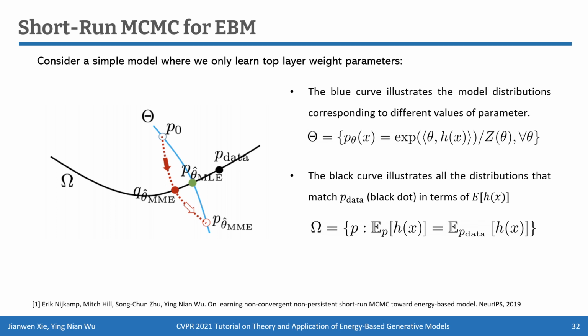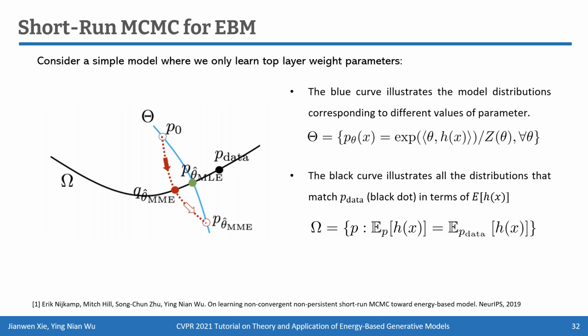The black curve illustrates all the distributions that match the data distribution in terms of the expectation of h(x). The h(x) is a feature vector of x. The ideal MLE solution, which is the green dot, is the intersection between the blue curve and the black curve.